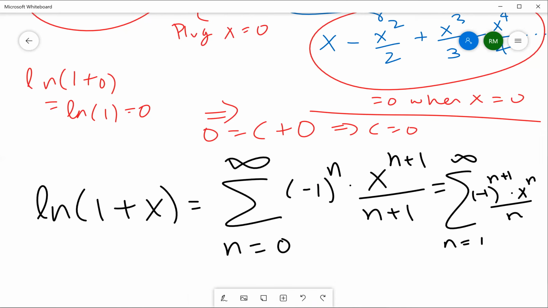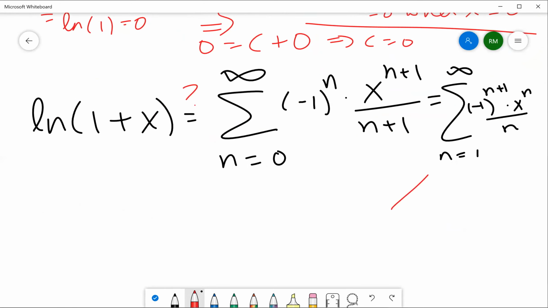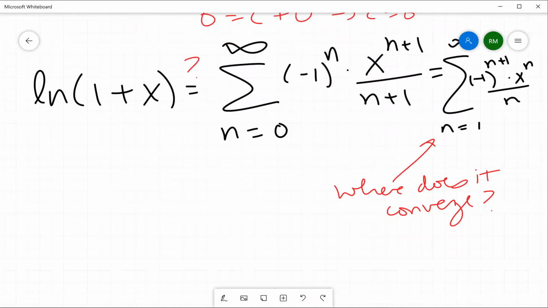So the question though is, when does this equality hold? When does this series converge? Well, let's ignore the endpoints.